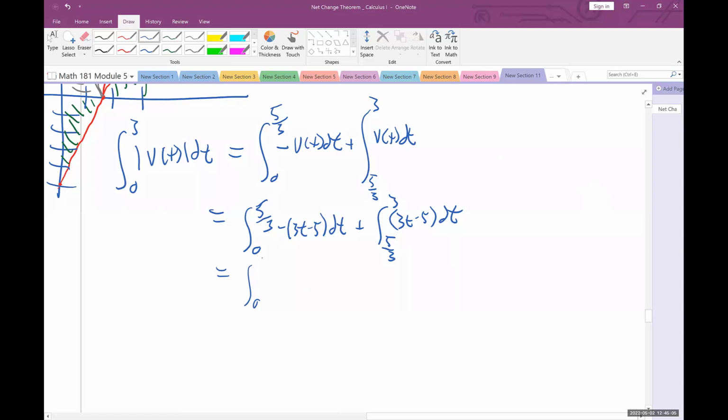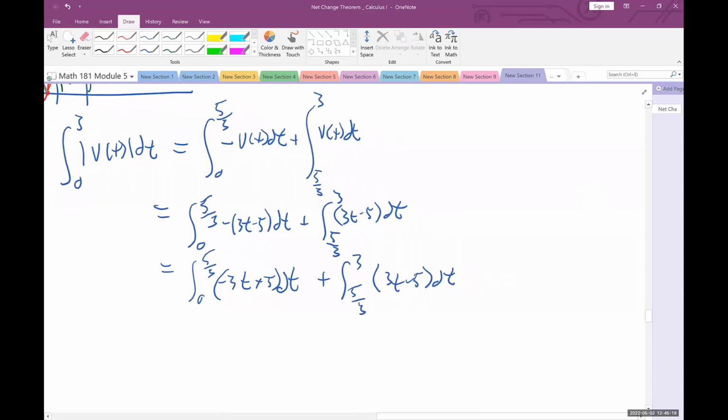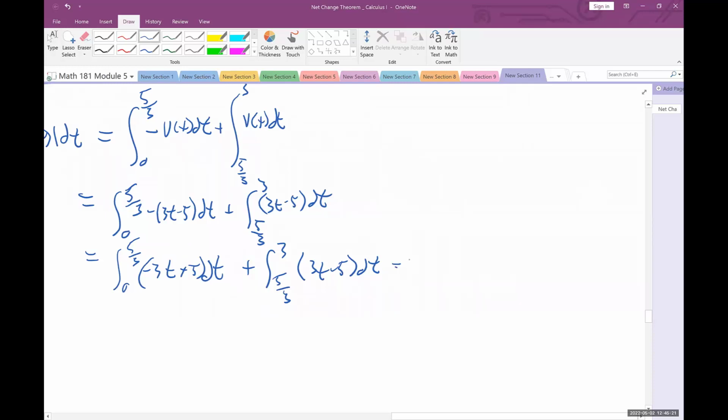So we would have the integral from 0 to 5/3 of negative 3t plus 5 dt plus the integral from 5/3 to 3 of 3t minus 5 dt. And what's this going to do? Integrating negative 3t plus 5, the antiderivative is negative 3t squared over 2 plus 5t, and we're going to evaluate this from 0 to 5/3.